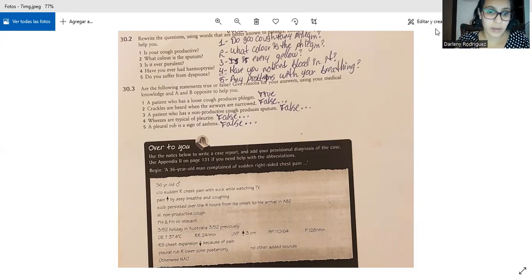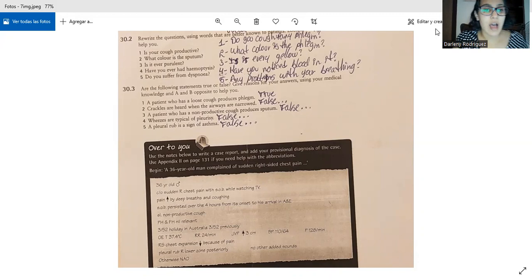Wheezes are typical of pleurisy. That's false. Wheezes indicate narrowing of the airways. The sound of an asthma patient's breathing is also called wheezing.